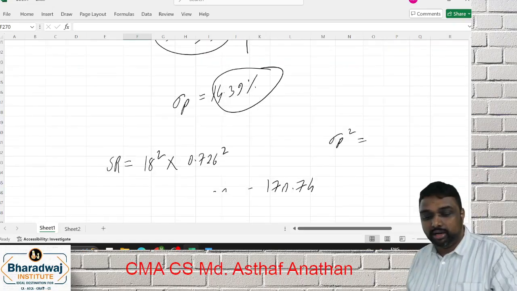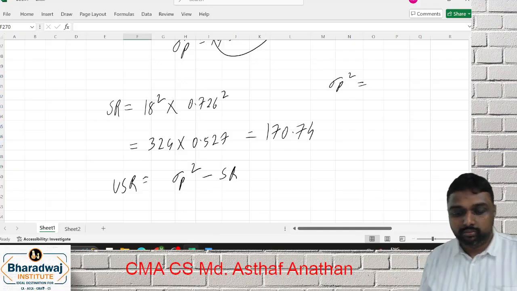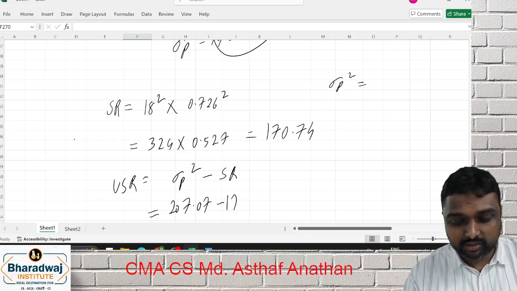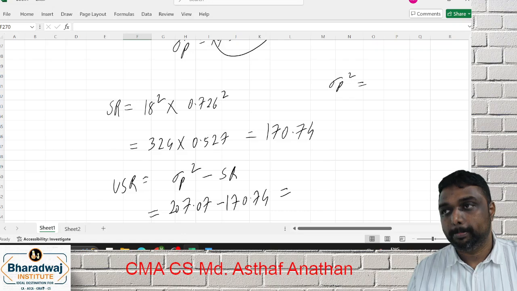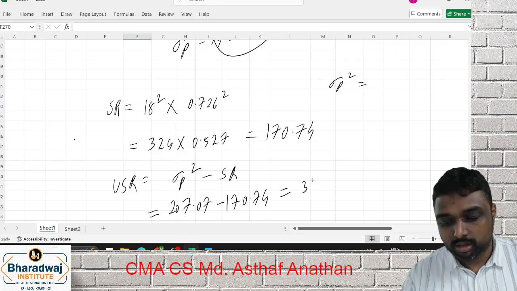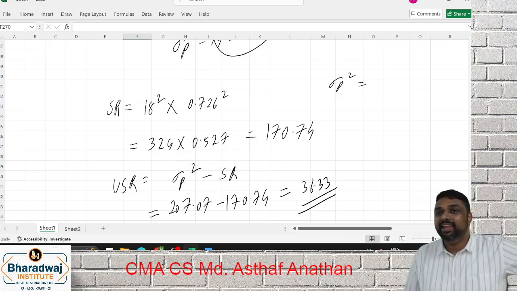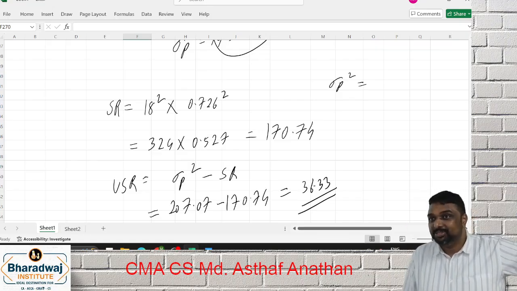What is 14.39 square, friends? 207.07 minus 170.74. What is the answer? 36.33. So, my dear friends, this is how you have to do the unsystematic risk under the total approach.